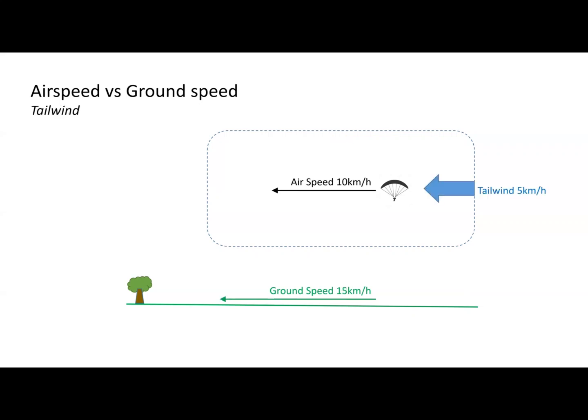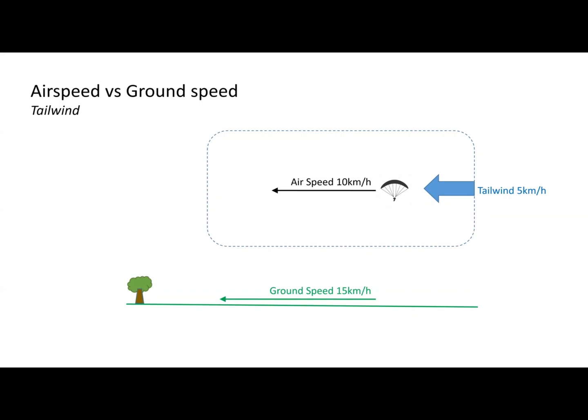So, what happens if we've got a tailwind? Effectively, we're flying in a big body of air that's moving along over the ground at 5 kilometers an hour. We would still be moving through this body of air at 10 kilometers an hour.